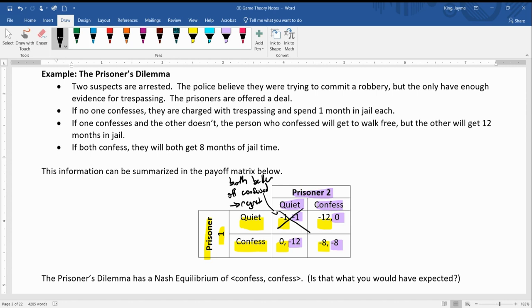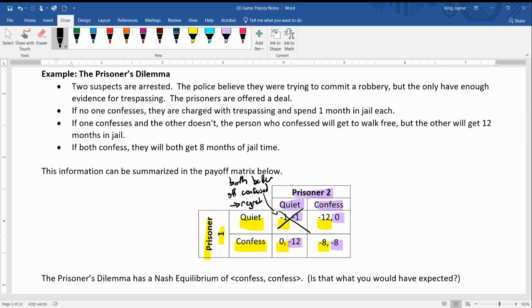They're sitting there on a year of jail time and saying to themselves, man, if only I had confessed instead, then I would only be at 8 months of jail time. They can't switch back over to this -1 because player one can't change what player two did. But player one can change what they did. Player one's two options were either to keep quiet or confess, these two yellow things. So if they had chosen to confess instead, they'd be getting less jail time. So they regret their decision.